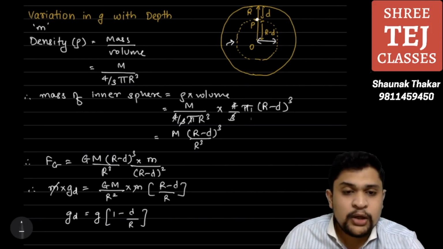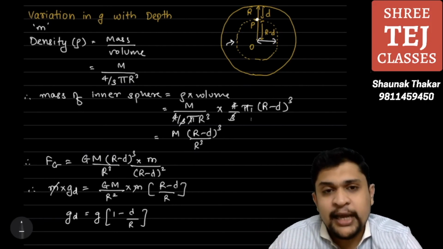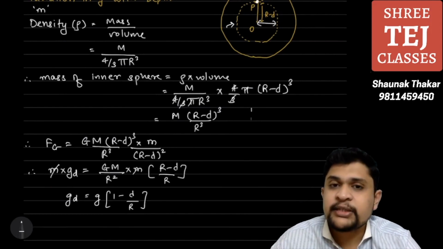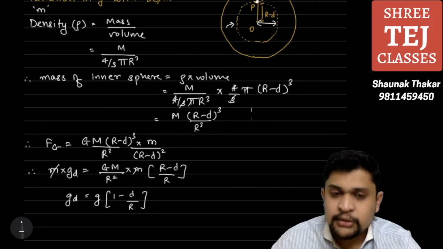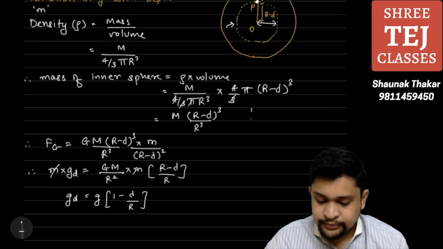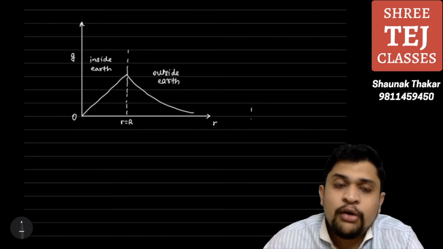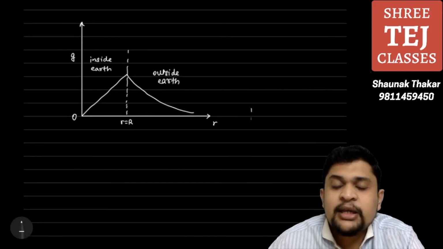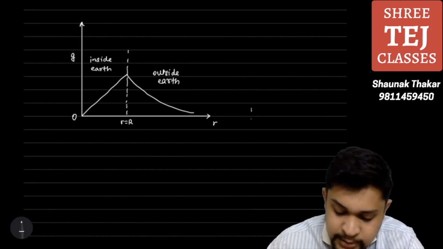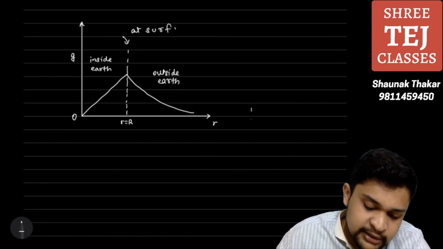Okay. So here with depth, the gravitational acceleration will linearly decrease. So as depth increases, g at depth will decrease. So here we have a nice graph of g as the distance from the center of the earth changes. So this point is at the surface.